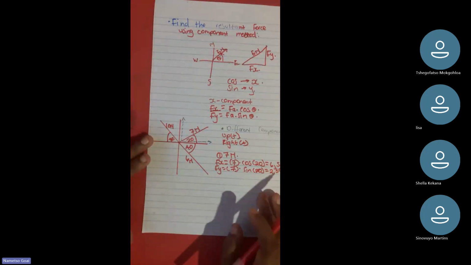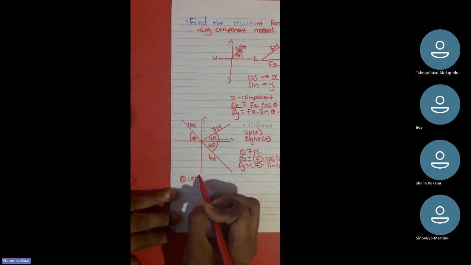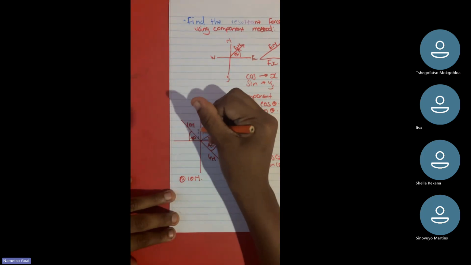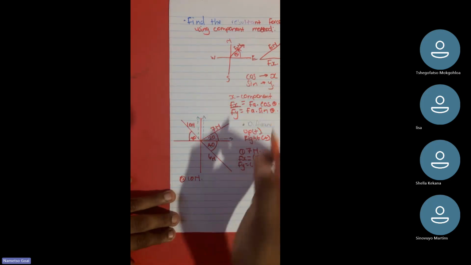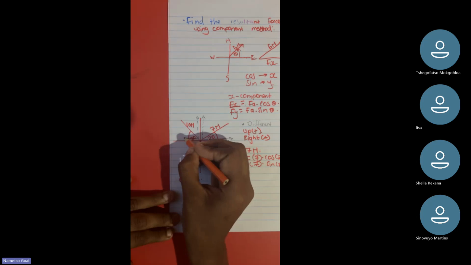Let's look at the 10 Newton one, number 2. When you break it down into its components, the Fy is still going up, but let's look at its Fx. The Fx is going to the left.